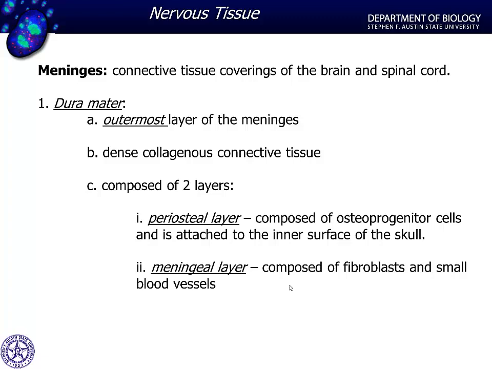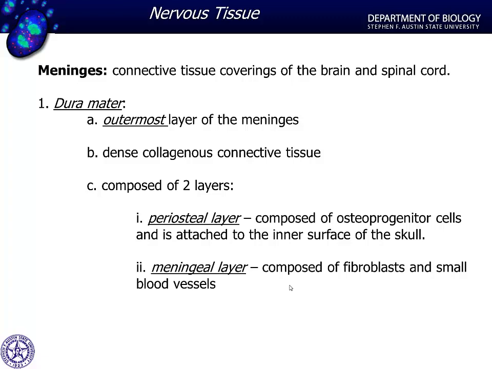Now, both the brain and the spinal cord are going to be covered by fairly tough protective tissues. As we start on the outside and work our way in, the first is going to be the dura mater. This is the outer layer of our meninges, and essentially it's dense collagenous connective tissue.